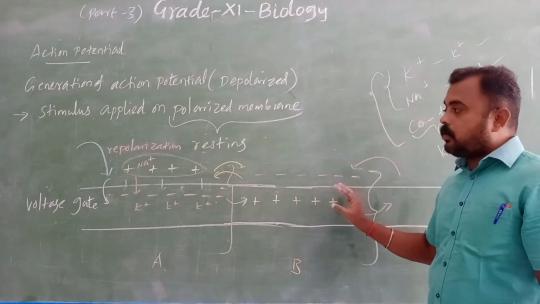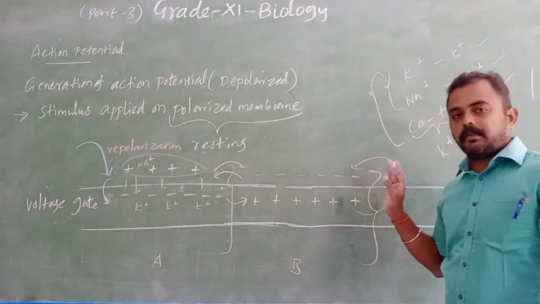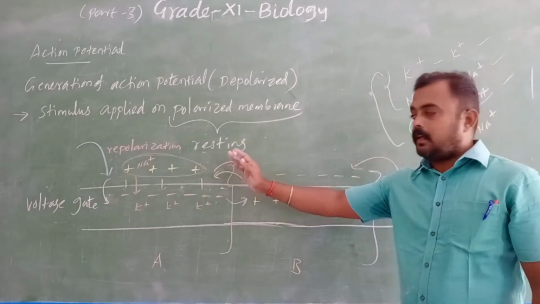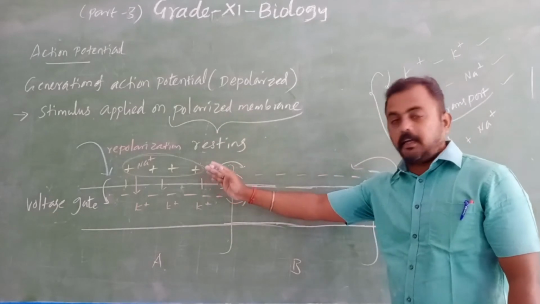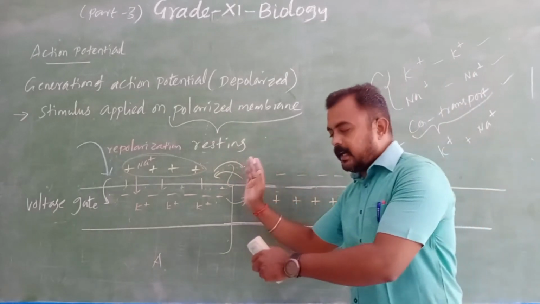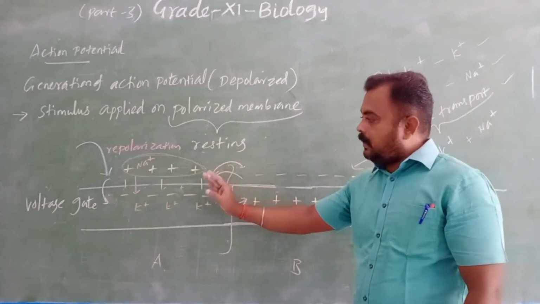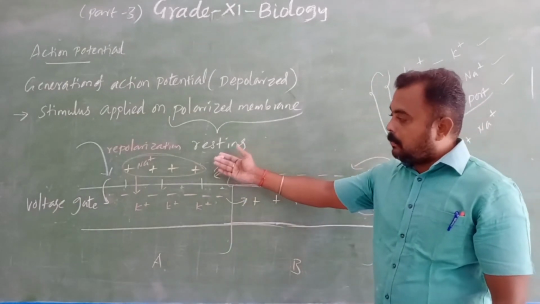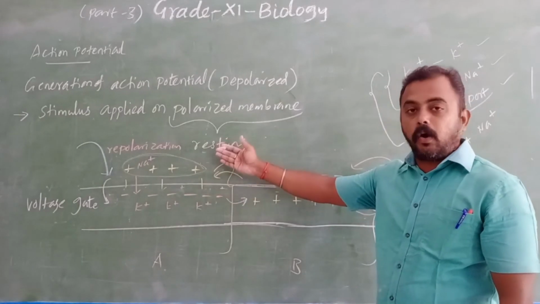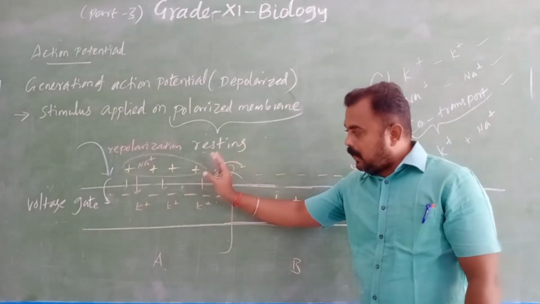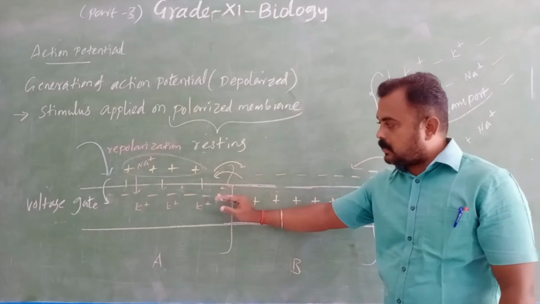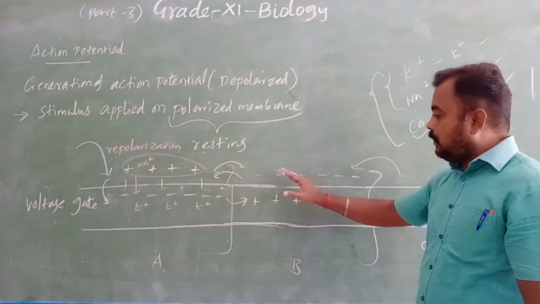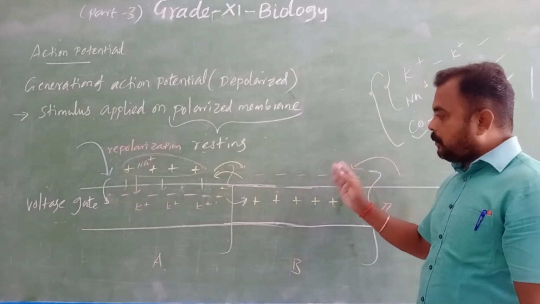Inside the neuron, as usual, it is happening. The same: first polarization, then a stimulus is applied at a particular place. Here depolarization has happened. That means positive comes inside, negative goes outside. If the concentration is high here positive, here negative, that means it moves here. Okay, this region. Automatically what happened?